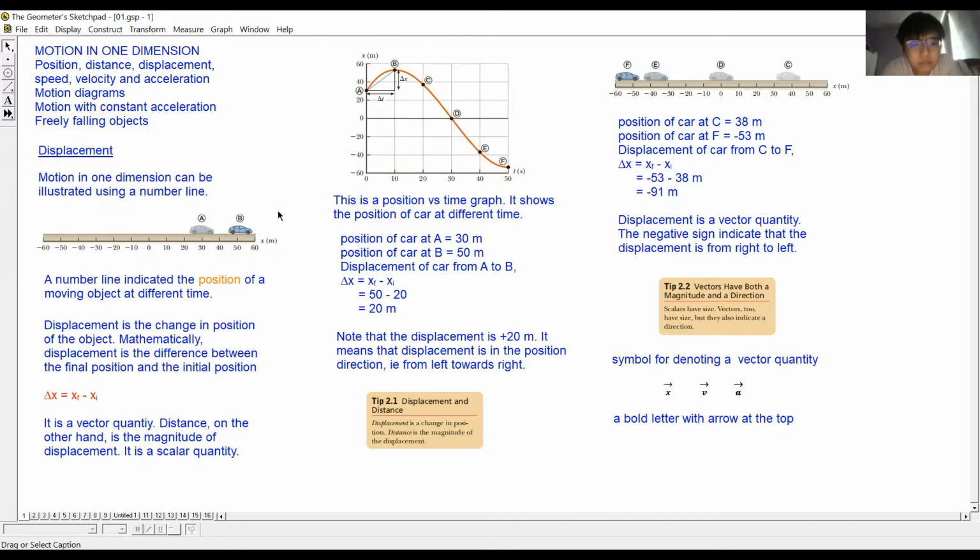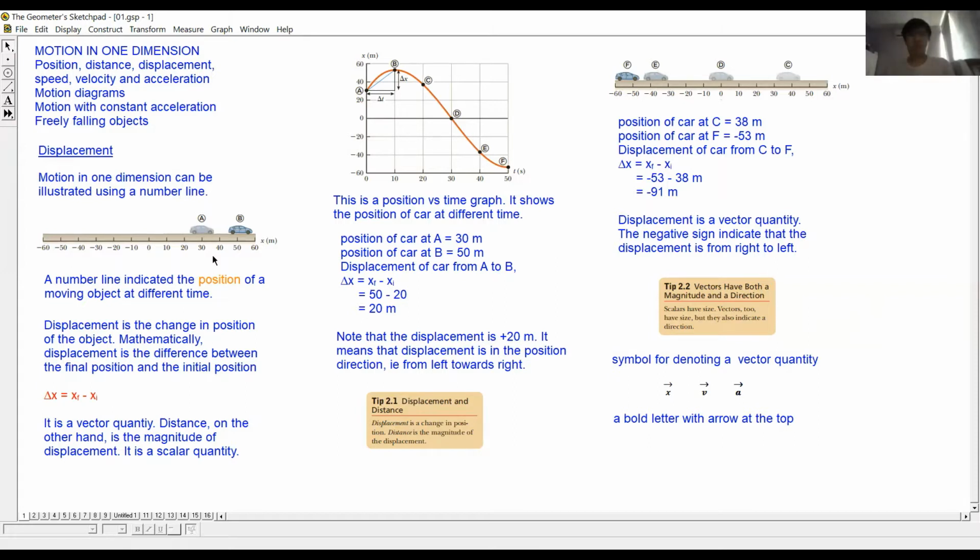Now let's say, for example, this car at position A is 30 meters from 0. The initial position is 30 meters. This 30 meters is positive 30 meters, which means it is 30 to the right hand side of 0.